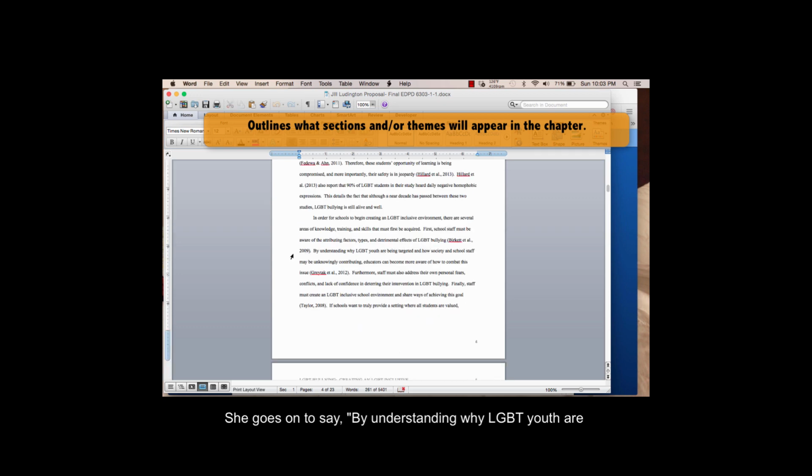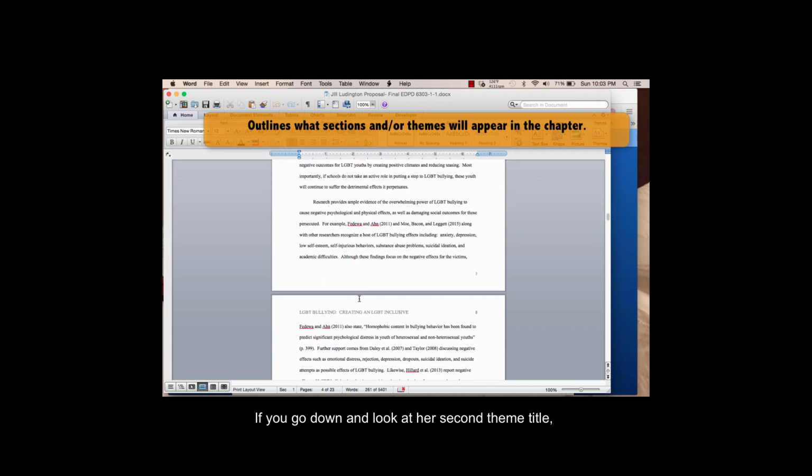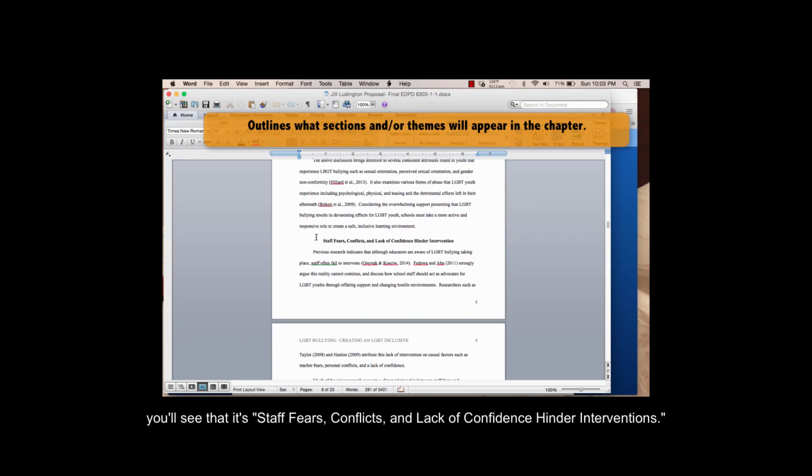She goes on to say, by understanding why LGBT youth are being targeted and how society and school staff may be unknowingly contributing, educators can become more aware of how to combat this issue. If you go down and look at her second theme title, you'll see that it's staff fears, conflicts, and lack of confidence hinder intervention.